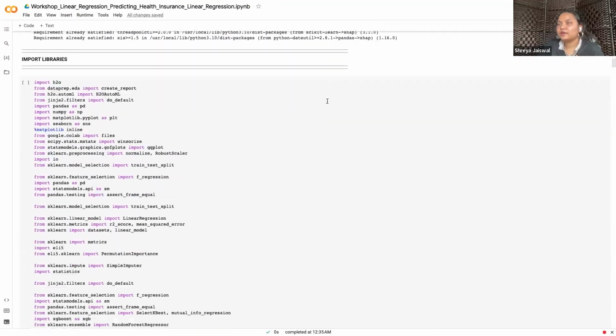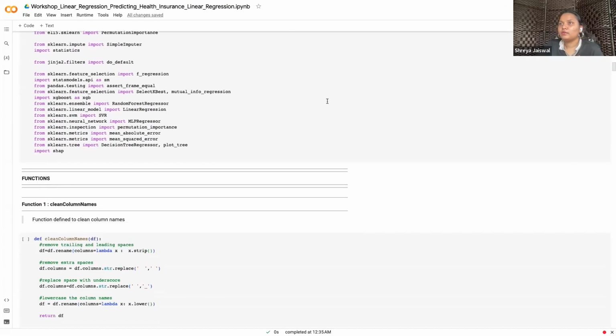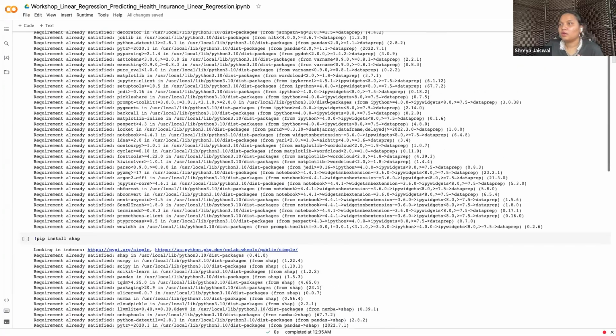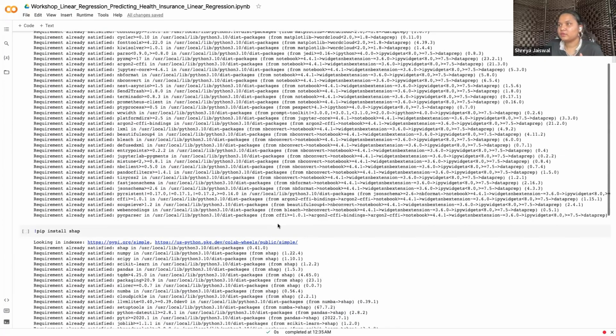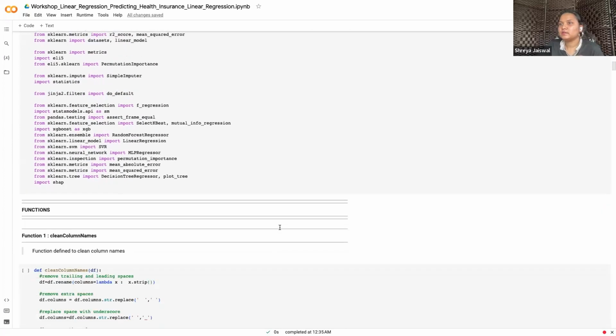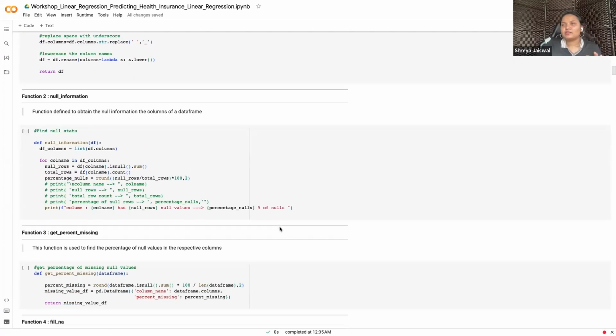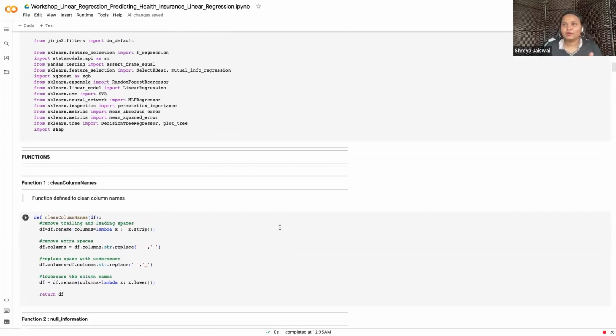So starting right from, these are certain packages that I have installed. This is the library. Before starting off and training any data, it's very important that we clean the data before processing it.